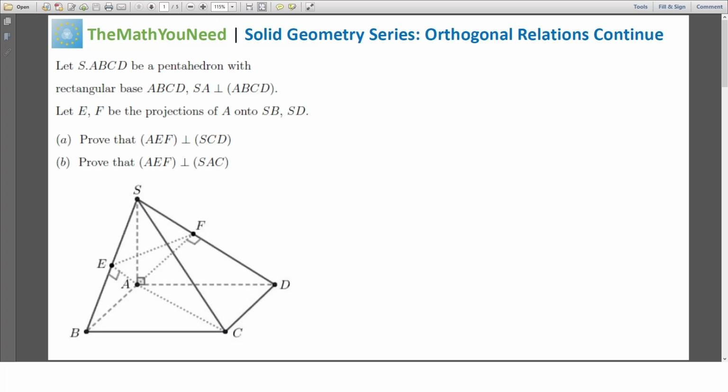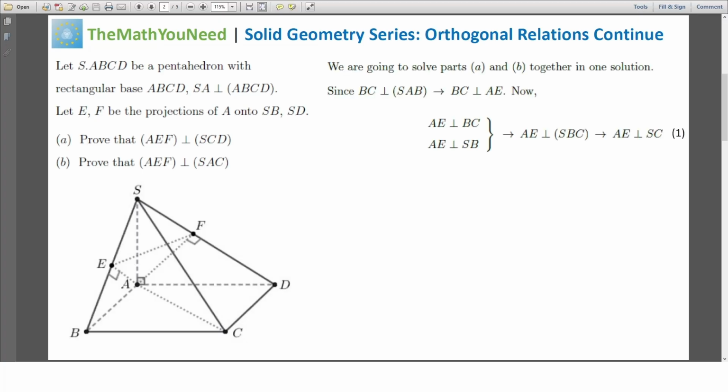But if BC is perpendicular to plane SAB, then that means AE will be perpendicular to BC, right? Now that AE is perpendicular to BC, but AE is also perpendicular to SB by given.